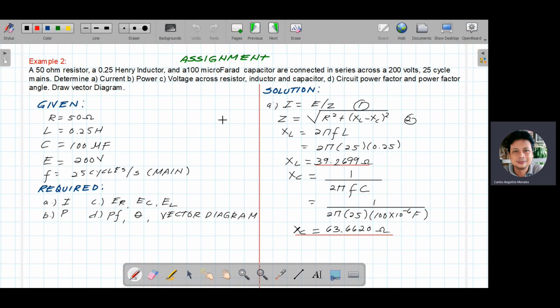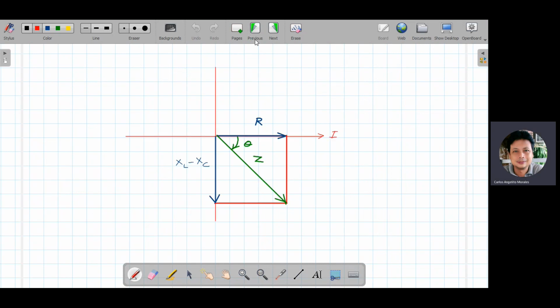Ito yung assignment, no? Hindi ko na muna isasama itong data. Bibigay na lang ako ng dagdag na assignment. Sinold ko kasi yun.